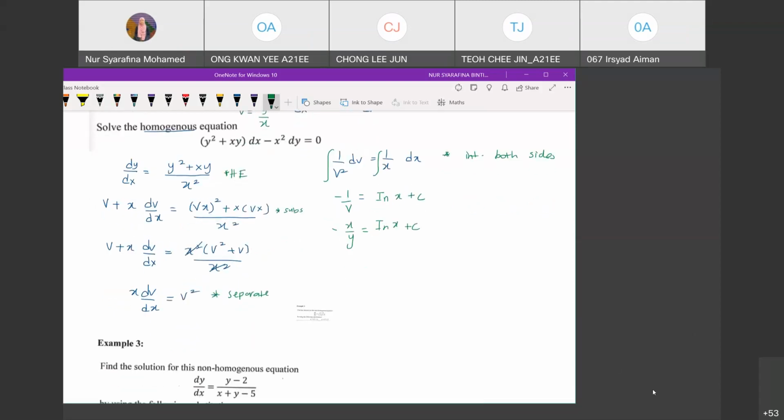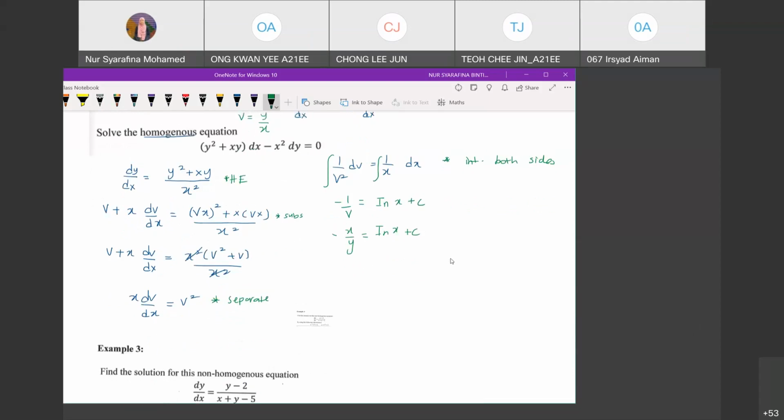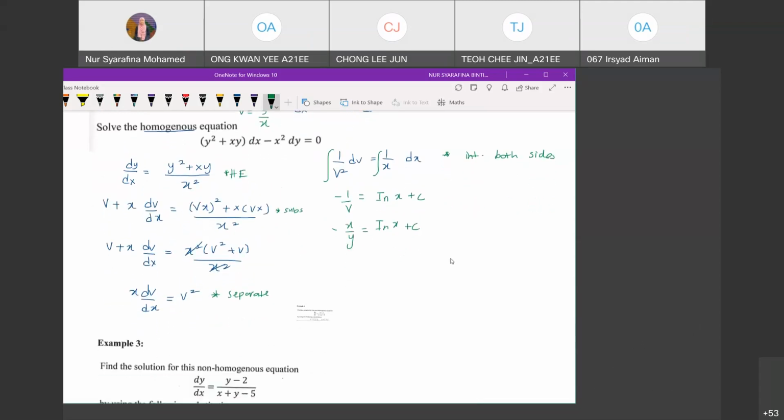So y equals to what? y equals minus x over ln x plus c. Right?